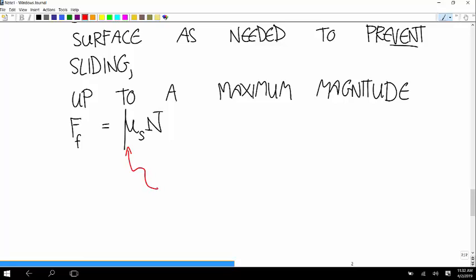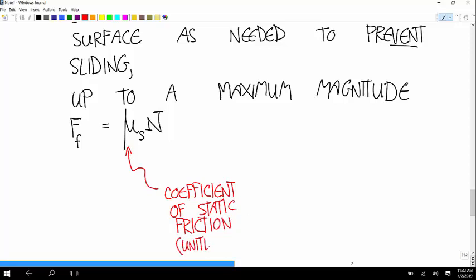It can't have any units. Otherwise, if that had units of newtons, then the force of friction would have to be newtons squared. So this is the coefficient of static friction, and it's unitless.